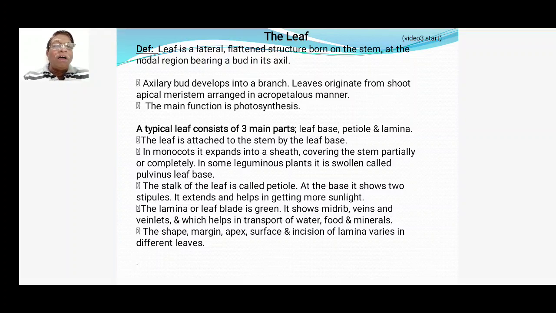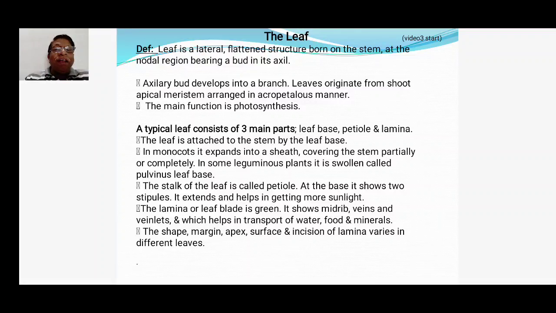Green. Normally the leaf is green, and it is borne on the stem. The main function is photosynthesis. Where is the leaf borne? The leaf is borne at the nodal region only.